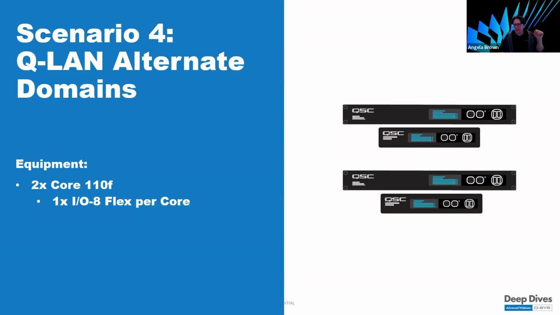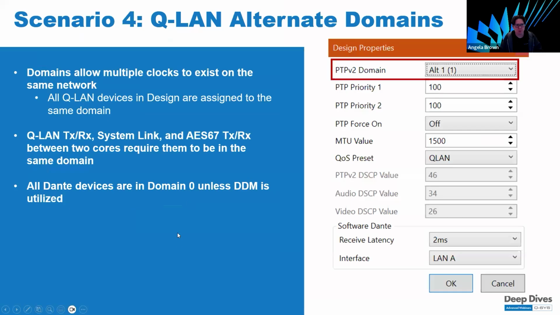And remember what I said about how many clock leaders and followers: you can't have multiple followers on multiple NICs, but you can have multiple leaders. That doesn't apply here. However, we can actually start looking at domains, something we haven't talked about up until this point. And it's really important. Right above this PTP priority 1, you see PTP v2 domain.